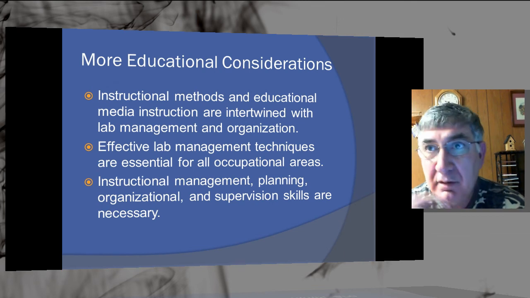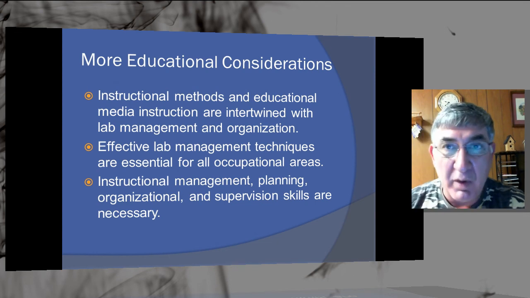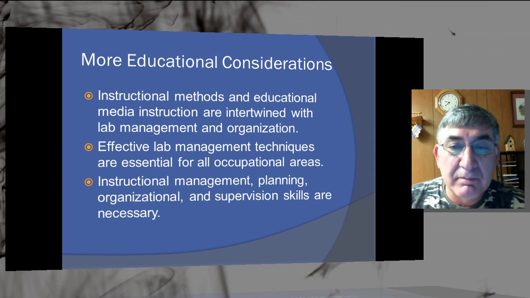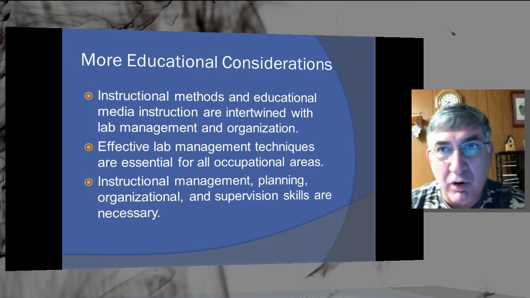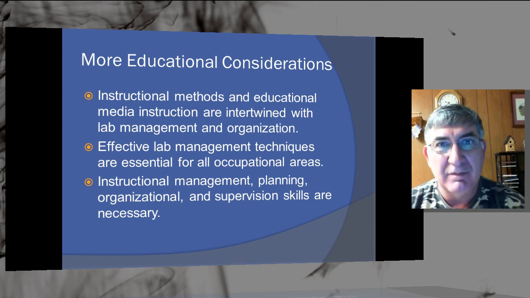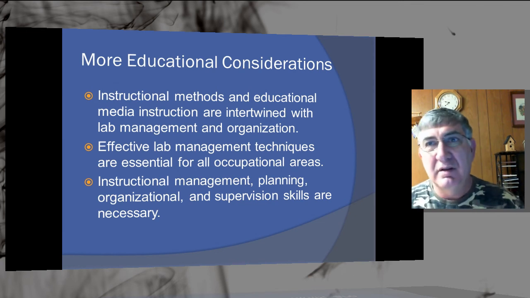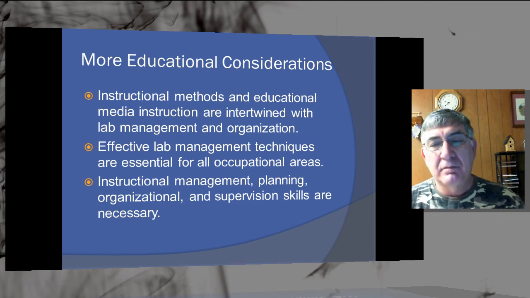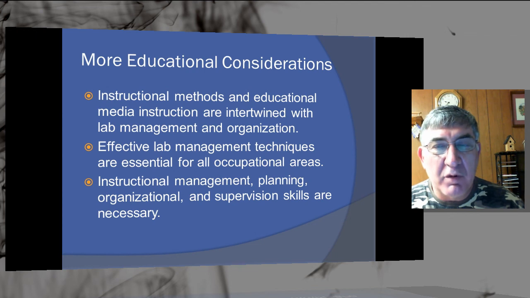If I need this piece of equipment, where do I find it? Do I have to wait and hunt for it? Also, how do the various components of my lab all work together? And so all of these things have to be considered as we utilize our vocational lab.